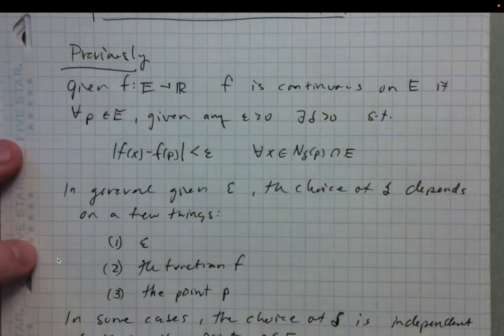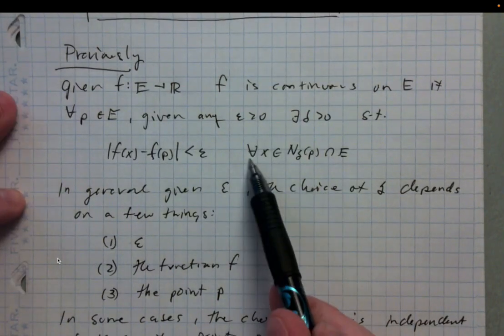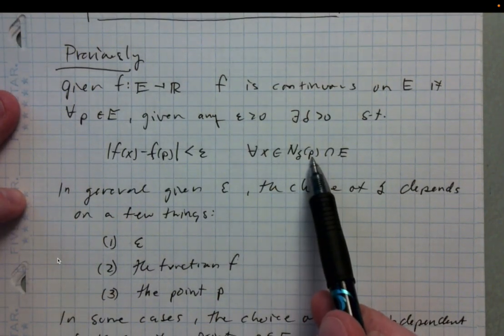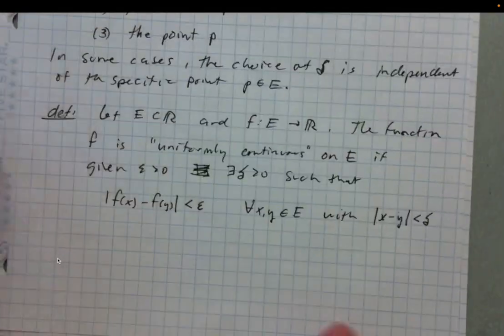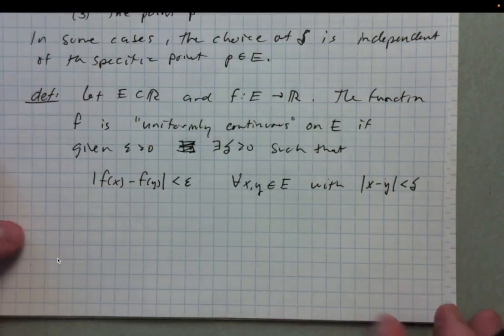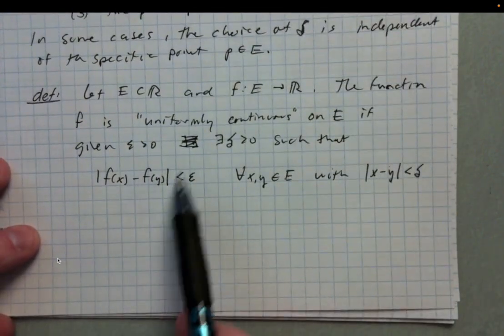Now, if you look up here at our definition of regular continuity, x has to be within a delta neighborhood of p specifically. Down here, x and y just have to be within delta of one another, and the function values will be within epsilon.